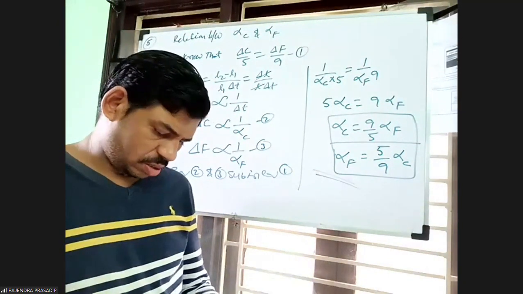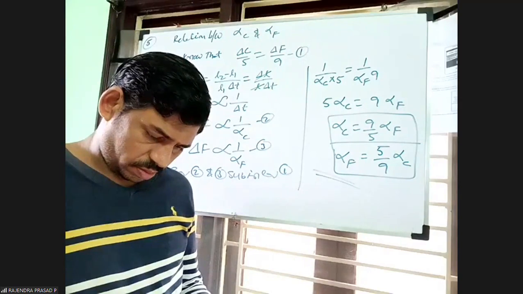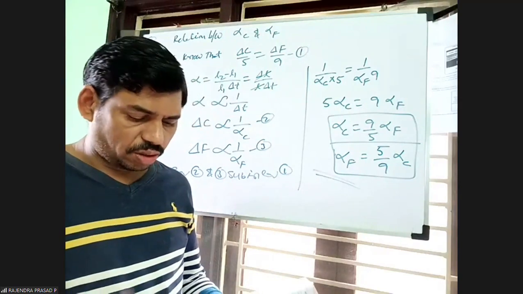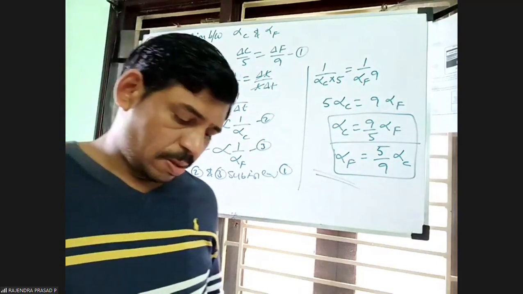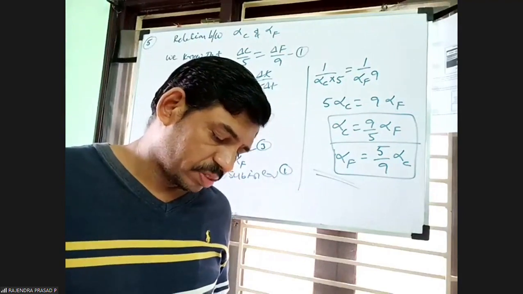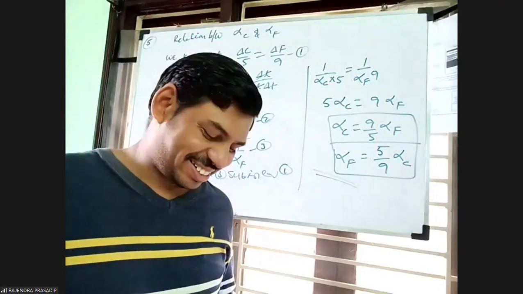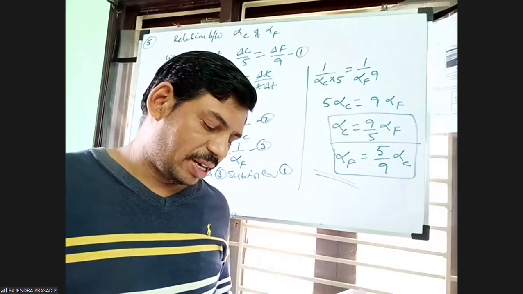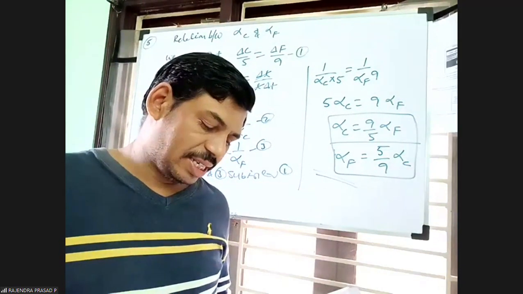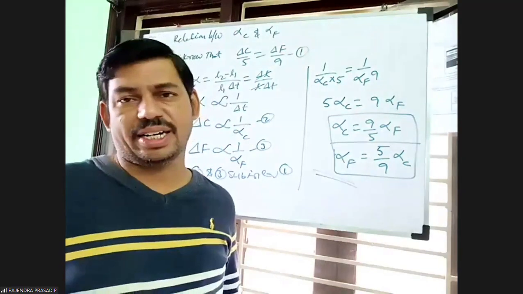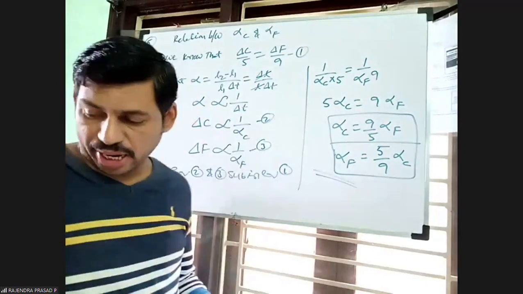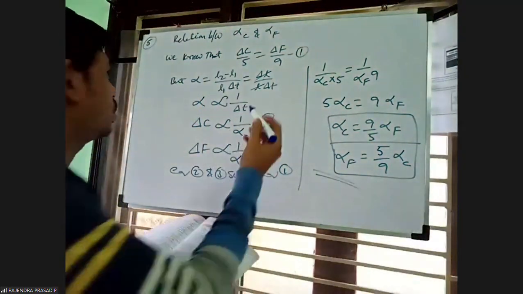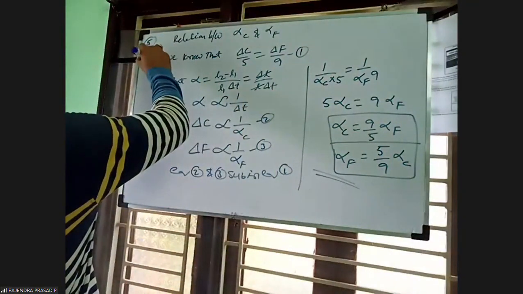This problem only, sir, the relation. The coefficient of cubical expansion of a solid is 0.5027, and the temperature is measured in Fahrenheit. Correct, so directly substitute and simplify. Sir, option 2.